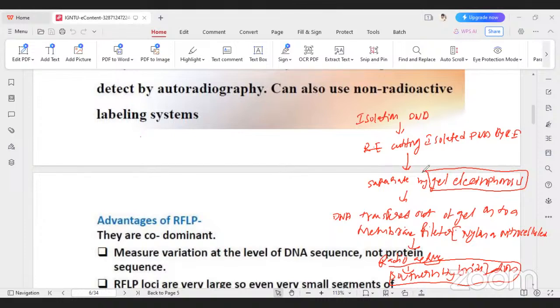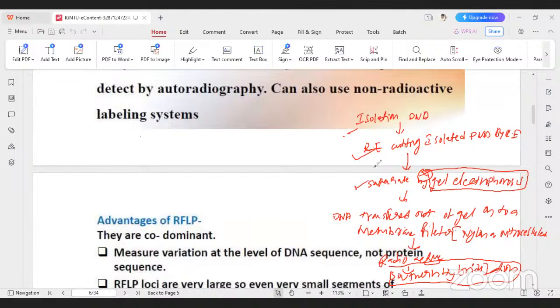Now here are two important things. What is the importance of gel electrophoresis? How is it involved in this? First of all, gel electrophoresis. Let's take another slide. First, write all this: isolate DNA with the help of restriction endonuclease and cut the DNA.